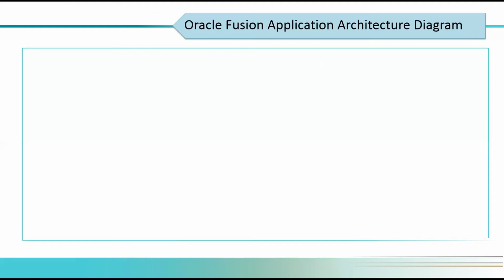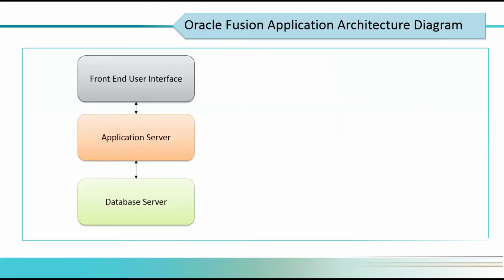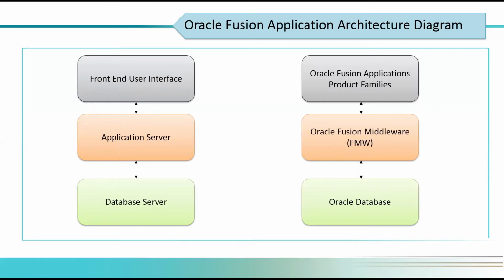For any application, we have three things: the front-end user interface, application server, and database server, right? You can assume a similar thing in the Fusion applications too. The first thing is the Oracle Fusion application product family. The second thing is the Fusion middleware. The third thing is the Oracle database, right?